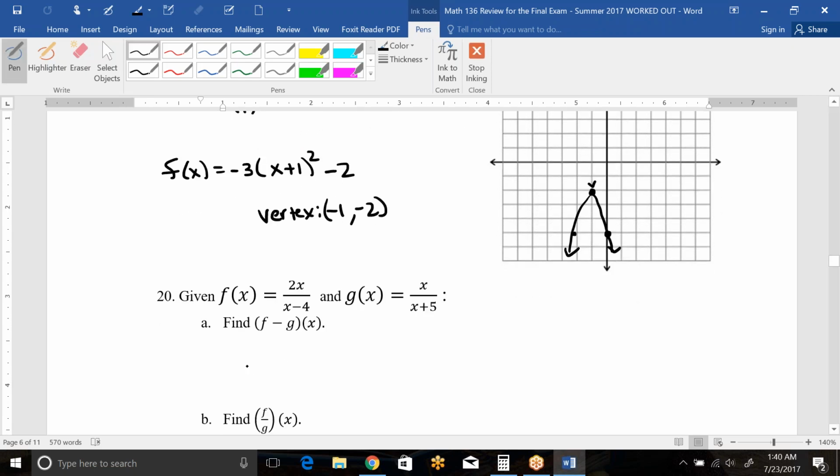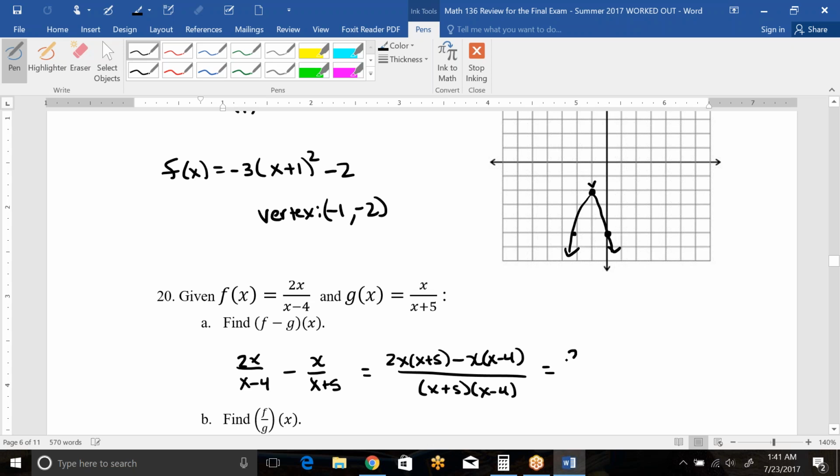So f of x minus g of x would be 2x over x minus 4 minus x over x plus 5. We would get a common denominator, so we multiply the first one by x plus 5 and the second one by x minus 4, and that would be over our common denominator of (x plus 5)(x minus 4).